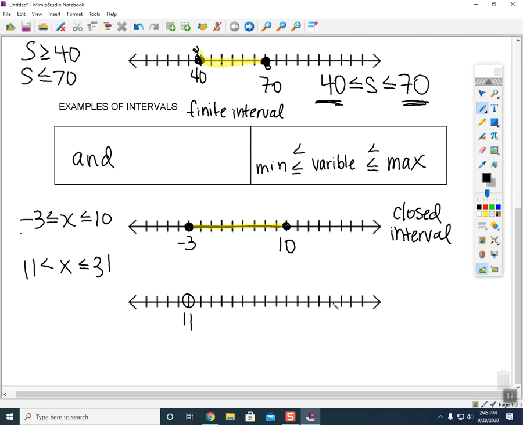So I'm going to have a closed dot at 31. And I'm going to shade in between. I have one open dot, one closed dot. This is what I call a half open interval. It's half open.